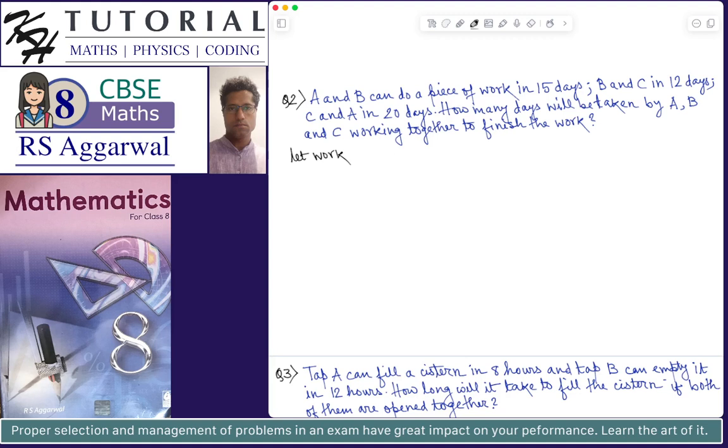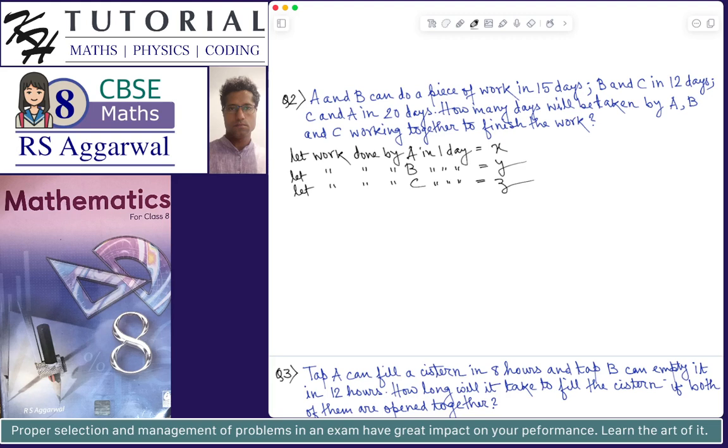Let work done by A in one day equal X, let work done by B in one day be equal to Y, and work done by C in one day be equal to Z. So we have assumed three things: work done by A in one day is X, by B is Y, and by C is Z.